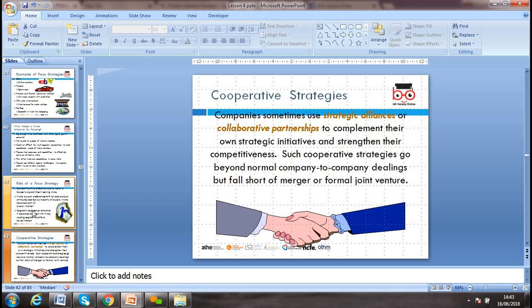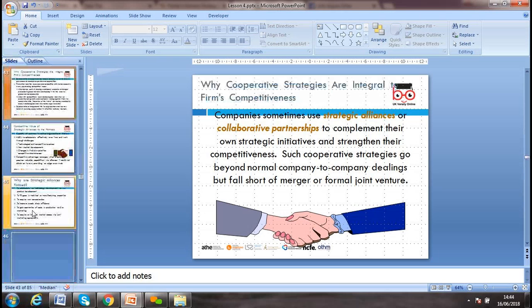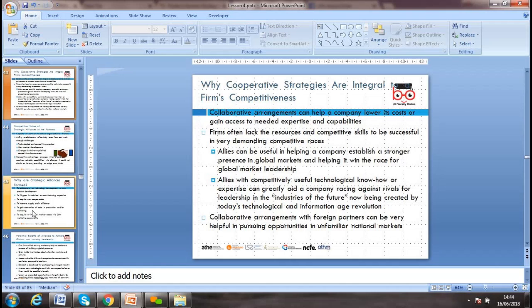Alliance means, okay, a courier service and Amazon become a strategic alliance and work together to achieve overall objectives, a collaborative partnership that complements their own strategic initiatives and strengthens their competitiveness. Cooperative strategies go beyond normal company-to-company dealings and fall short of mergers or formal joint ventures. Two companies, rather than being taken over by others, merge together for the common interest.